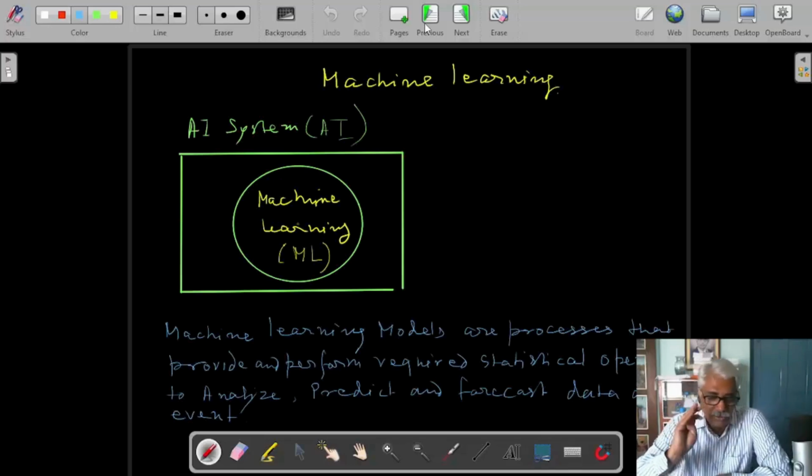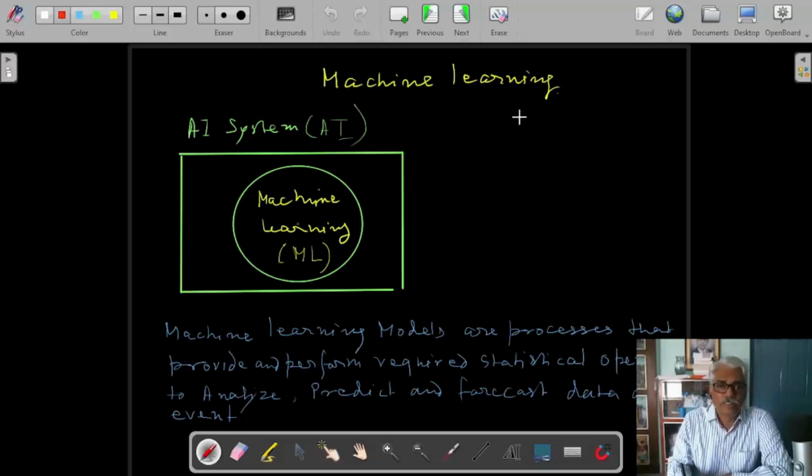So first, let me write it down here. First is your space. Second is number of rooms, and the third is the location of that house.